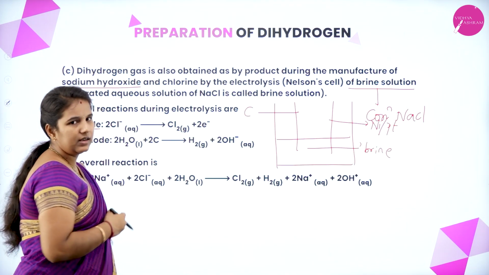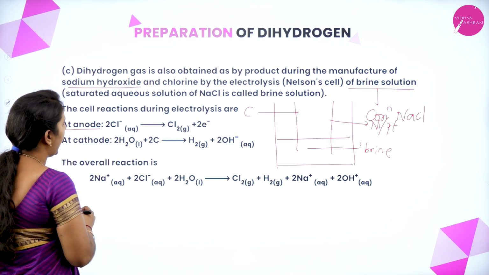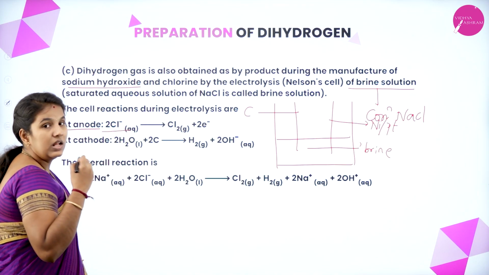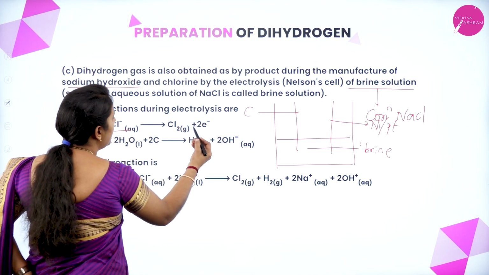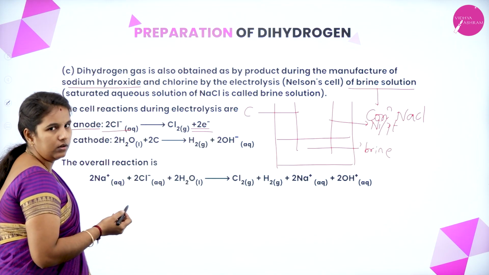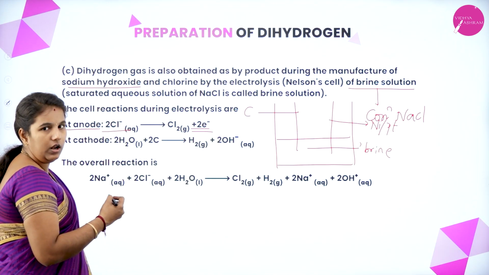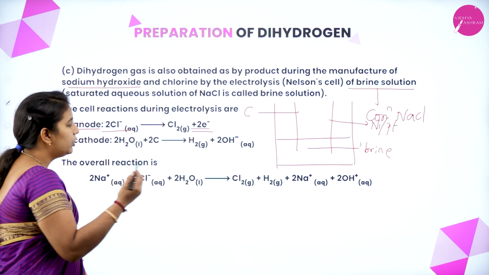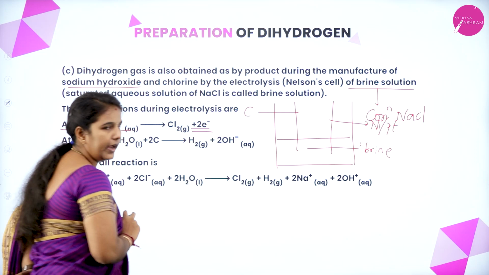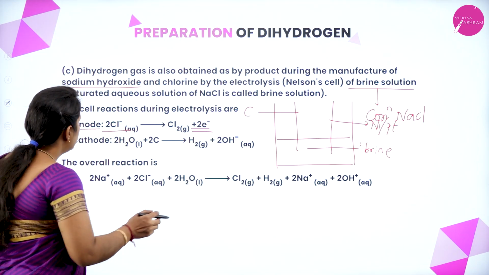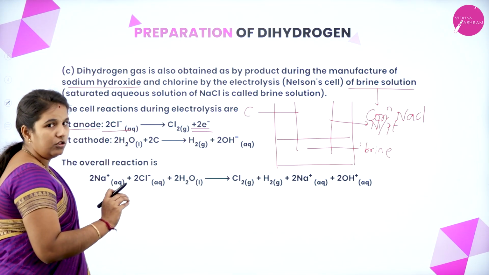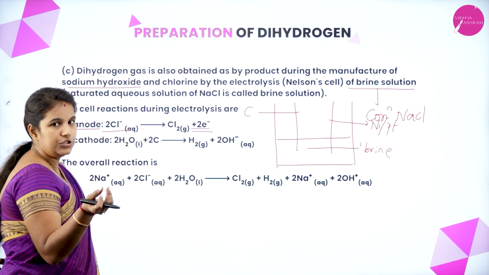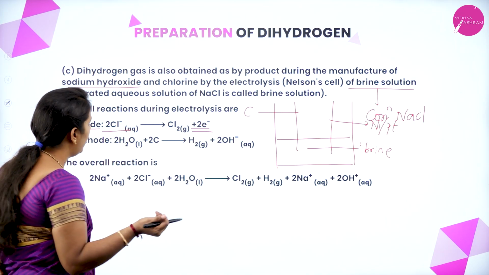When you apply the electrical field, we know that at the anode, chlorine gas will be liberated by losing 2 electrons. These 2 electrons will later be accepted by the sodium to form sodium hydroxide. At the same time, at the cathode, the brine solution will consist of water molecules.